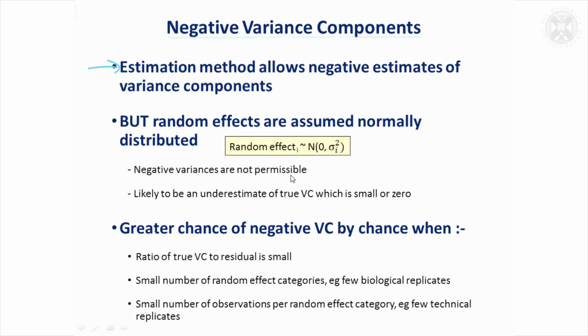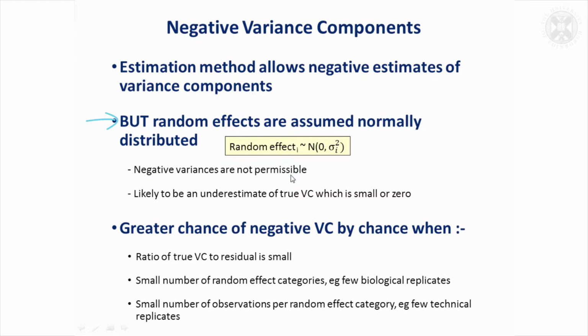The estimation methods sometimes will allow those estimates to go negative, but you can't really allow that because we've made the assumption that the random effects have got normal distributions and you can't have negative values of variances, so that's not permissible.